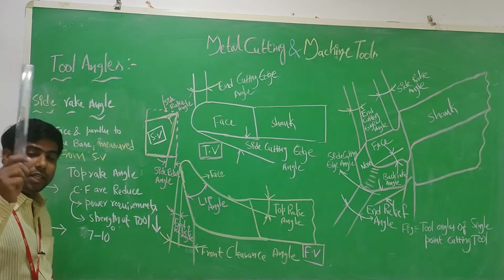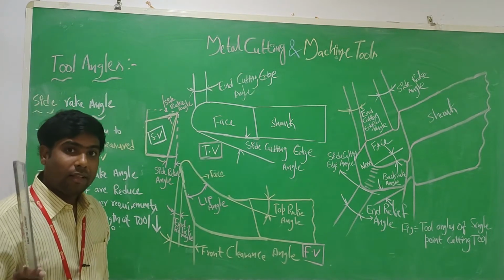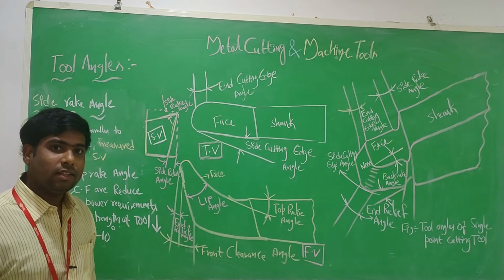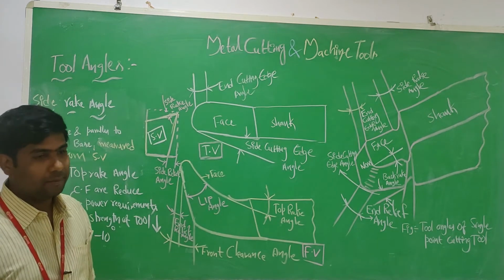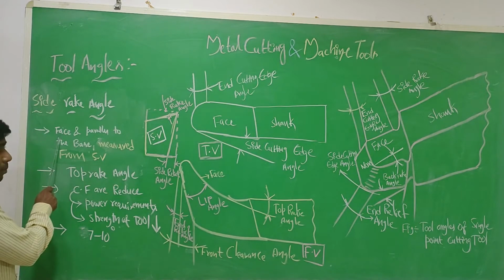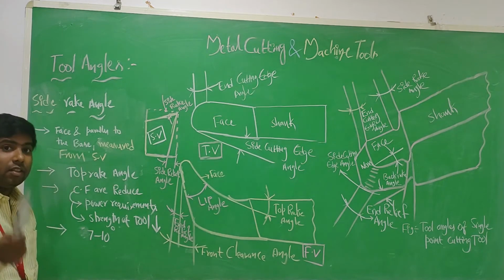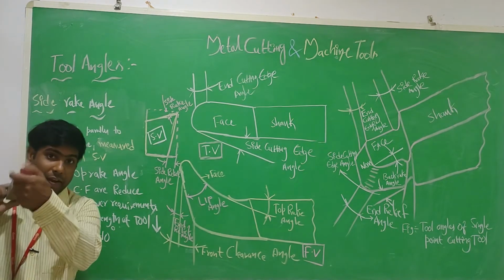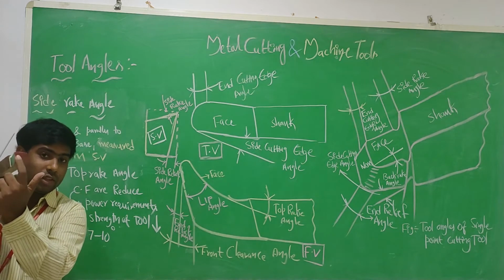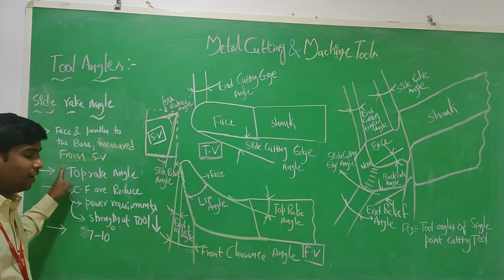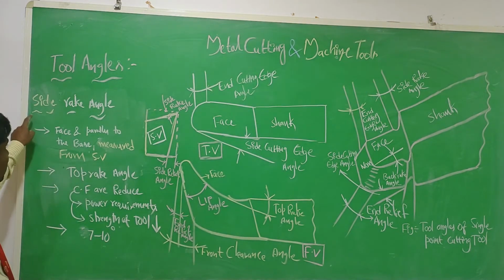Then only it is treated as the side rake angle. Side rake angle is the angle between the face of the tool and the plane parallel to the base, measured from the side view of the tool.